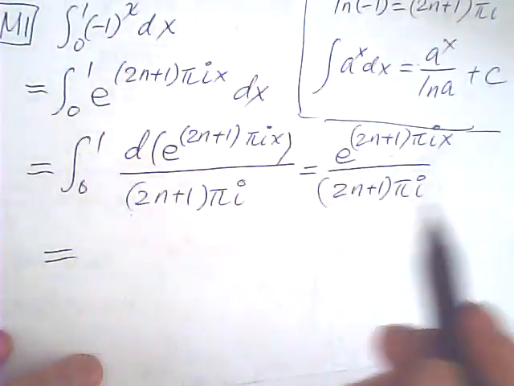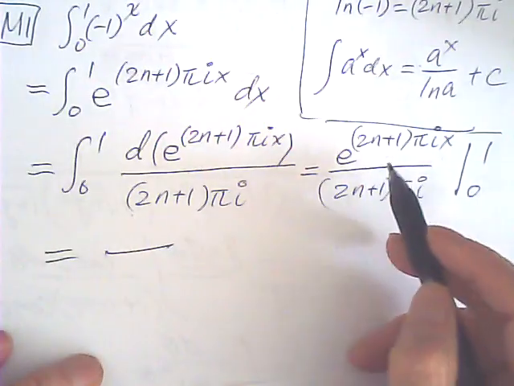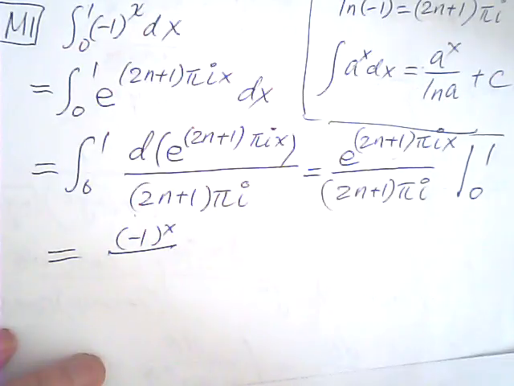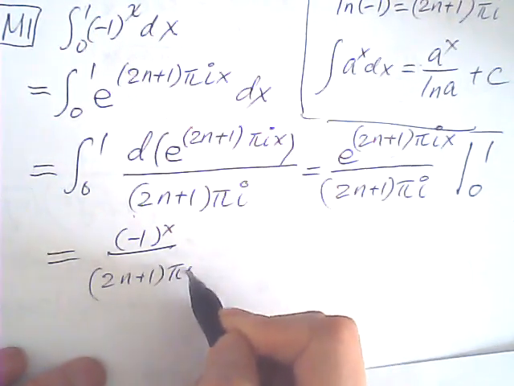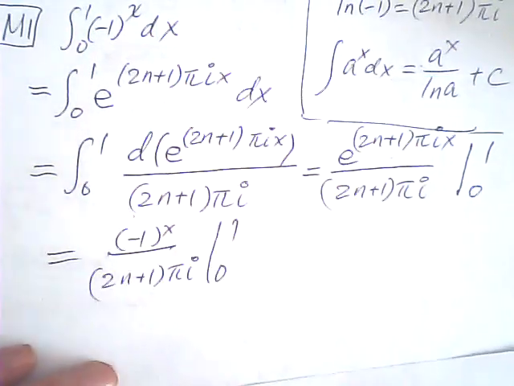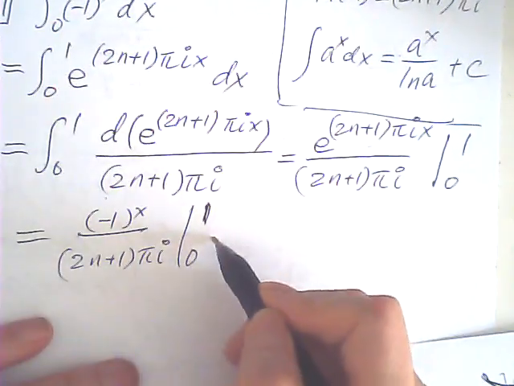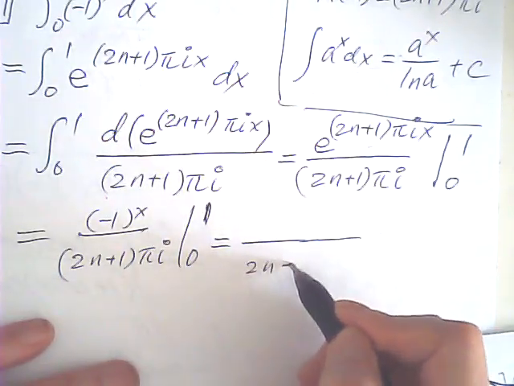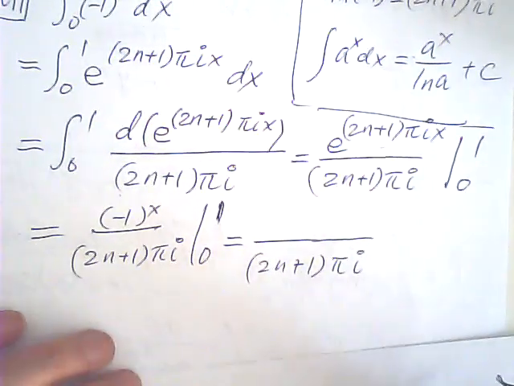So from 0 to 1, this is negative 1 to the x, over (2n plus 1) pi i.